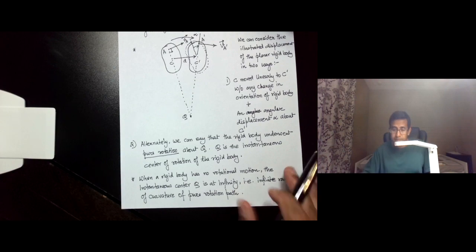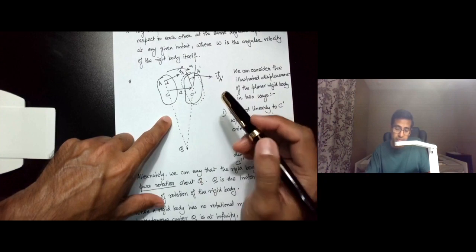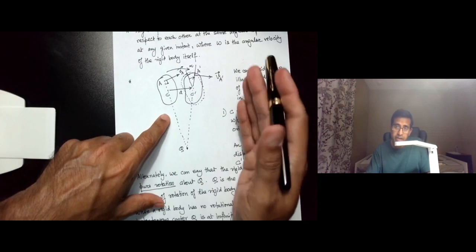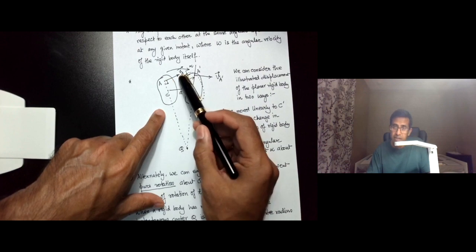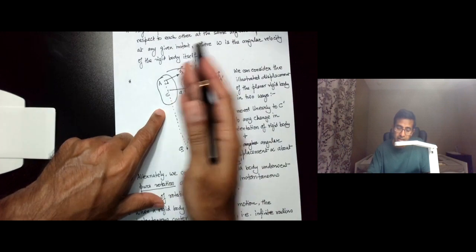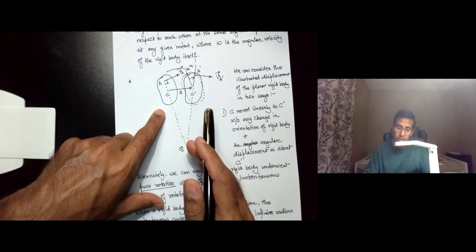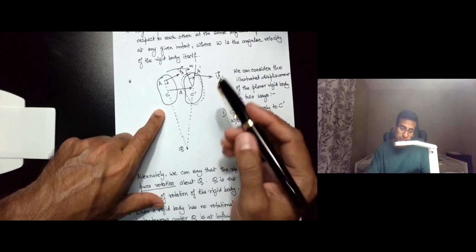And that should make sense, because if there is no rotation, then the orientation is not changing, which means that if the velocity is in a certain direction at a certain instant, after an infinitesimal amount of time the velocity still remains in the same direction.